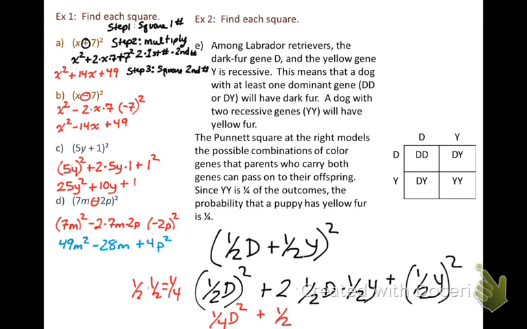And then you take your D and your Y and you multiply it, which would be dy. And then you have your half Y squared, so a half squared is 1/4, and Y squared is Y squared. And here's your answer.